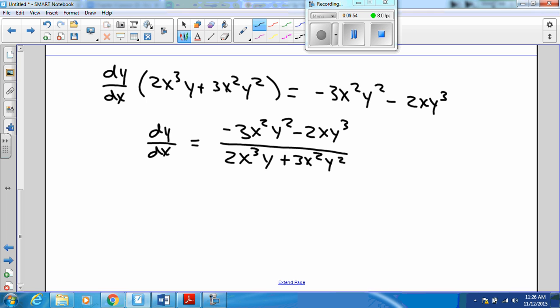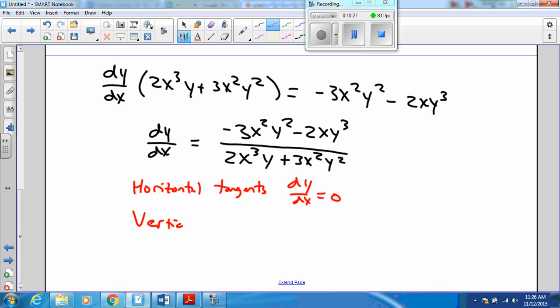A little bit challenging, definitely a skill you want to practice several times so that you can do it without having to think about it too much. Now, how does that help us in our goal? Here it is. We're going to have horizontal tangents when dy dx is equal to 0.